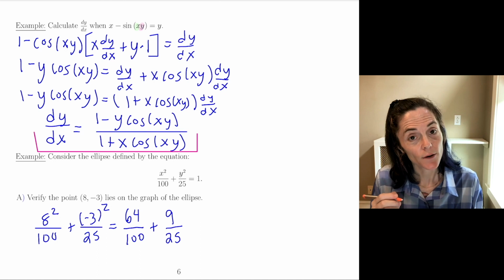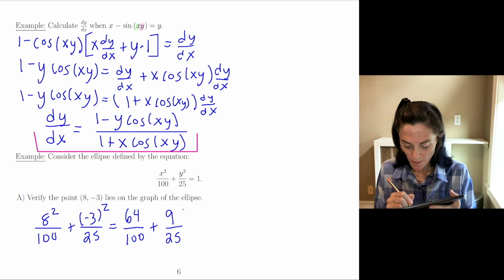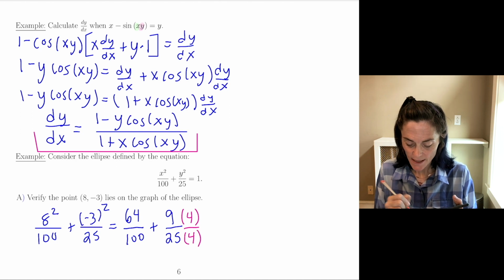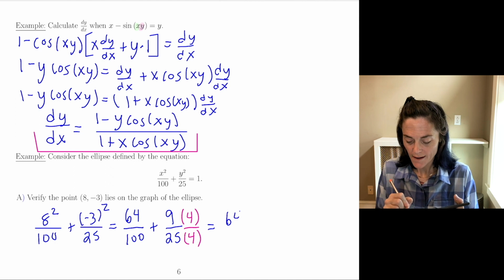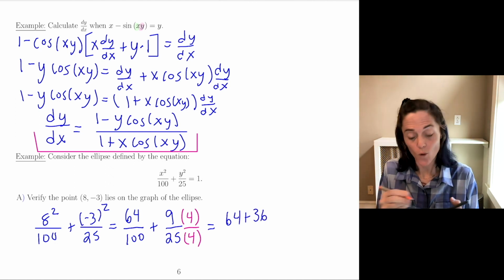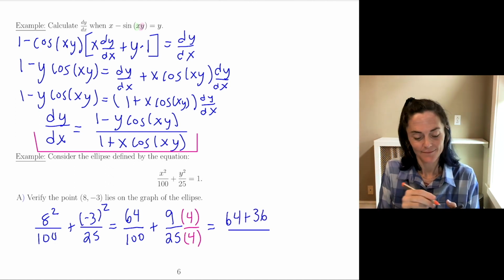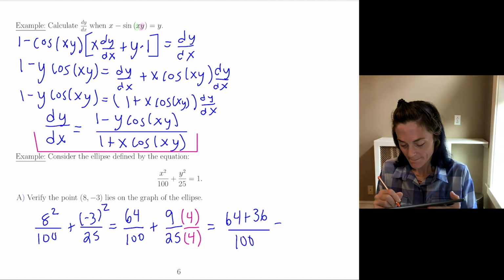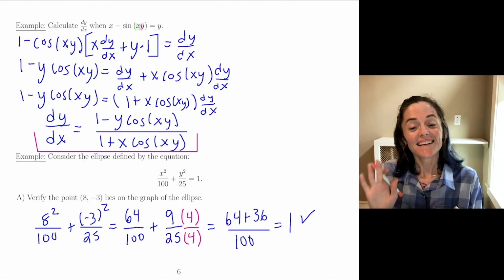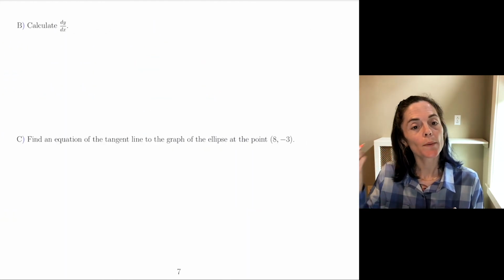The common denominator here is 100, so we can multiply by 4 over 4. Now you see everything is going to be wonderful. So I get 64 plus 36 over 100, which is 1. Now, let's move on to part B.